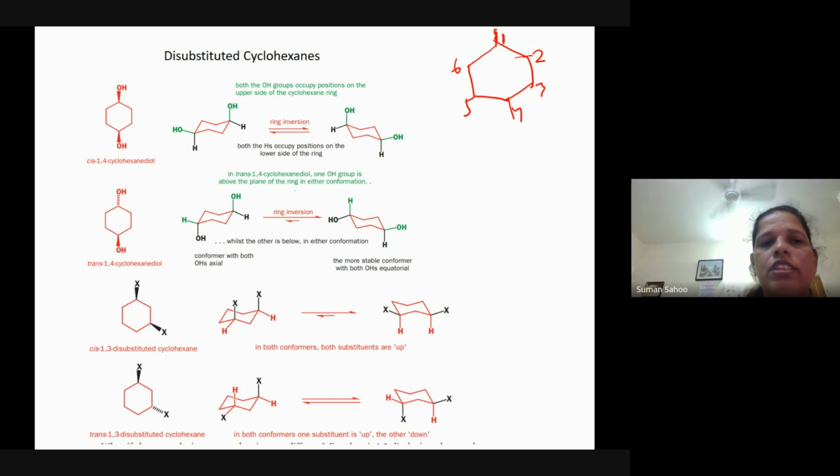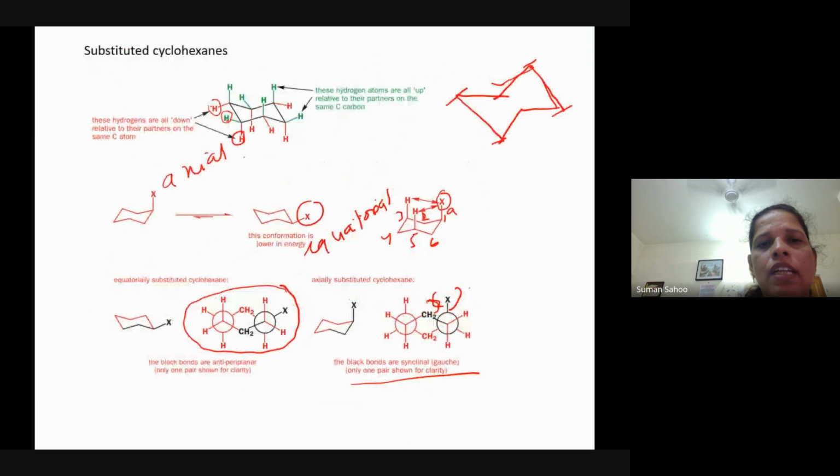So first take the 1,4. In the case of 1,4, again this can be cis or trans. Cis means they are both up or both down. So we know from this cyclohexane that for adjacent positions, equatorial and axial are both up, that means they are on the same side.